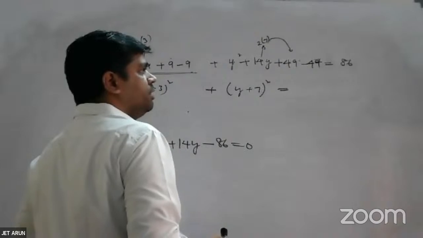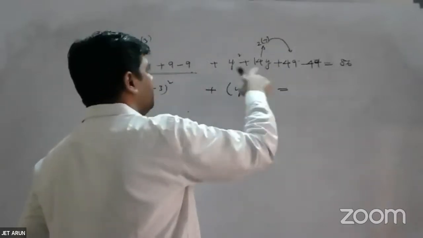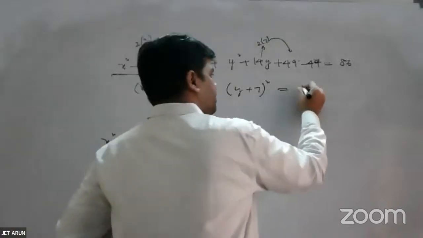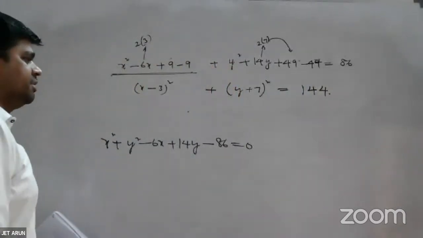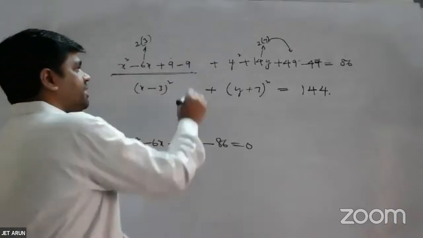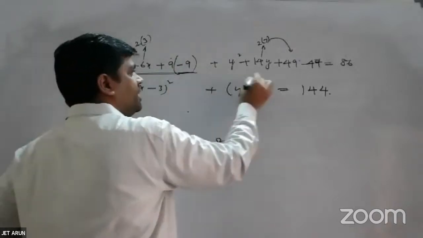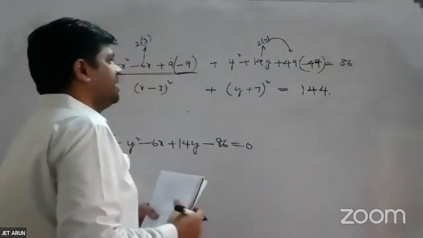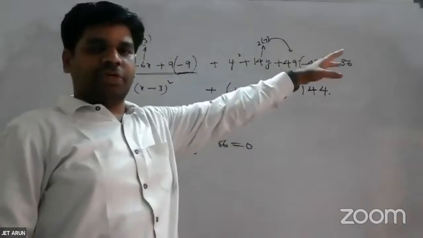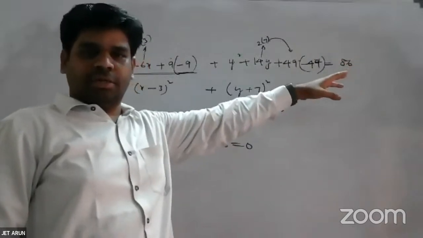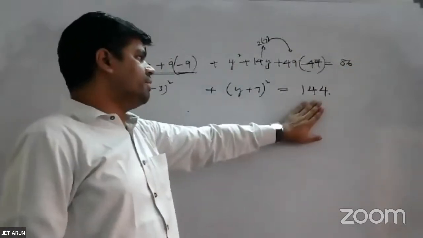So what is the total? 86 plus 49 plus 9. 144. Yes, sir, 144.